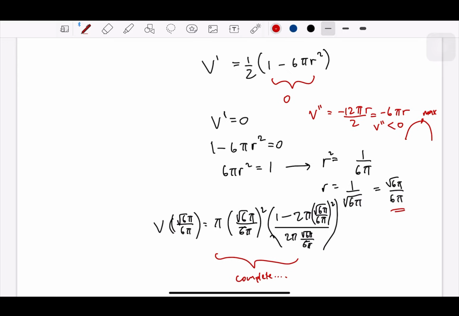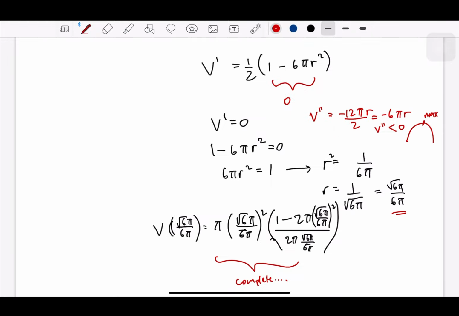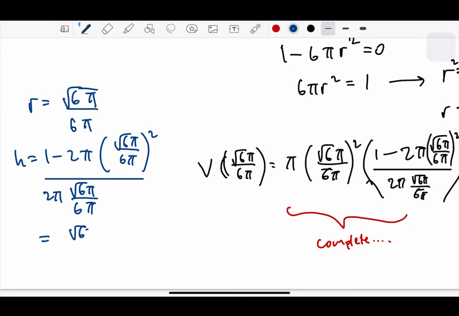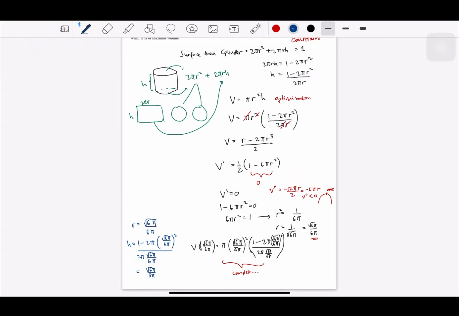Oh, what is the question? Just height and radius. So the radius is this, and the height is just this. If you want to compute, this will be this. But I hope you get the point here.